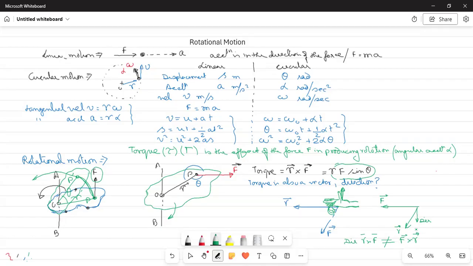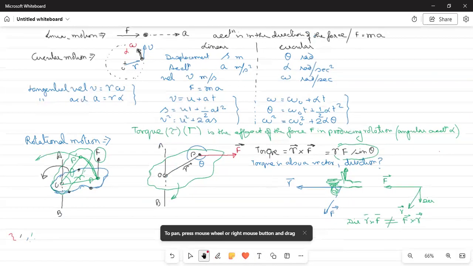Why does it happen so? Because that is how the vector algebra has been developed. And the actual ramification of this, why it is so, will be clear to you when you go a little bit forward in your physics lessons, like when you go for electricity or magnetism. You will find this is the correct way of discussing it, right?